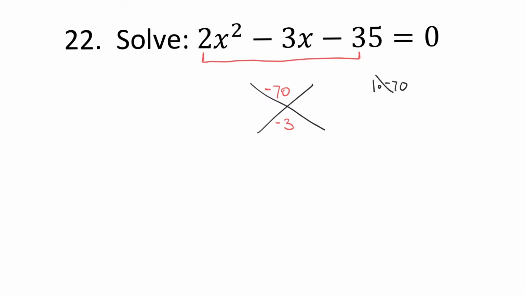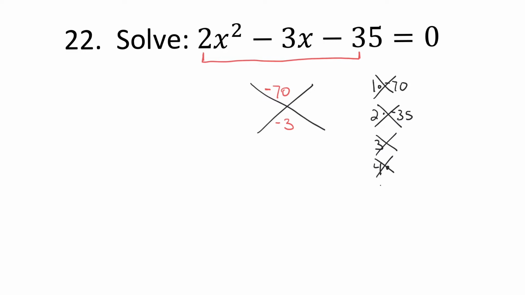So that doesn't work right there. It's not going to give me negative 3. 2 times negative 35, that's not going to give me negative 3, so I put that away. You can check 3, if 3 goes into it. 3 doesn't go into 70, so you can skip that. What about 4? 4 doesn't go into negative 70.